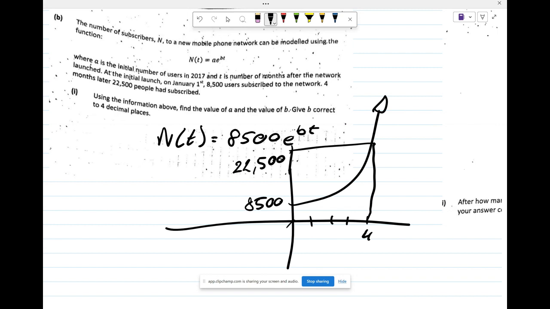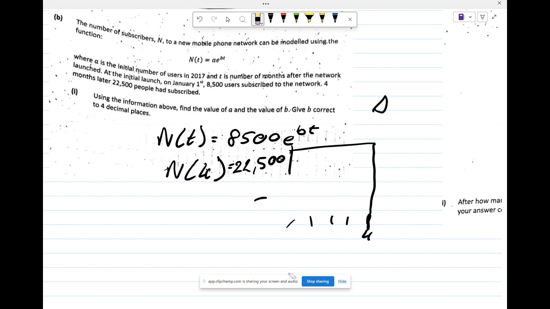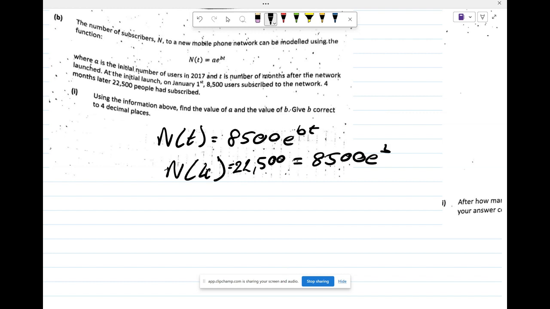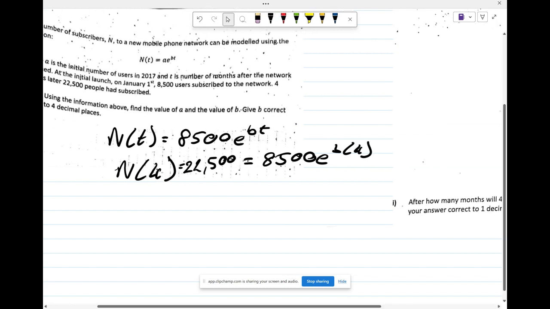So this is our output when t is 4. So N(4) is 22,500. That means 8,500 e to the power of b times 4, because t was 4 here.